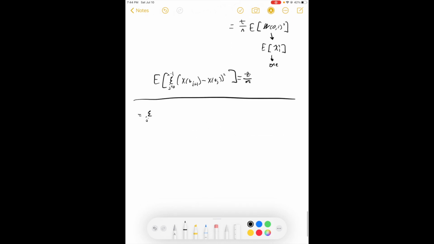We have the sum from j equals 0 to n minus 1 of 3t squared over n squared plus 2 times the sum from i equals 0 to n minus 1 times the sum from j less than i of t over n times t over n minus 2t times t over n plus t squared.